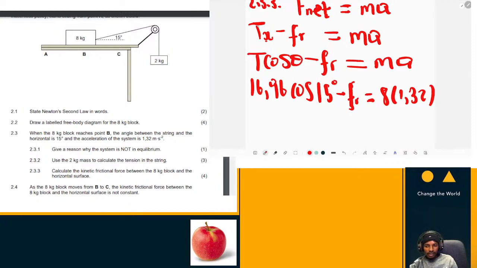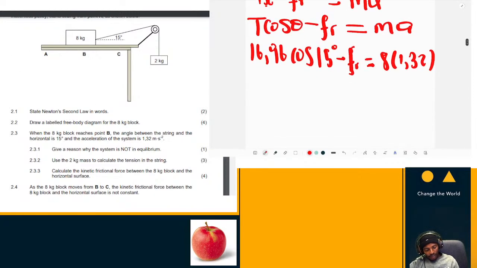All right. So what is 16.96 cosine of 15 degrees? This is 16.38 minus frictional force is equal to 8 times 1.32, which is 10.56.